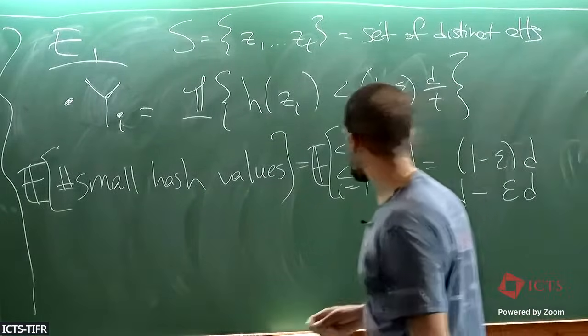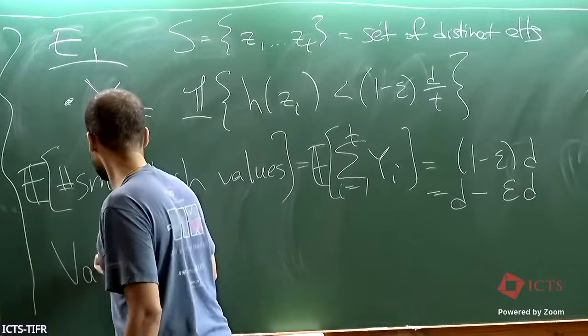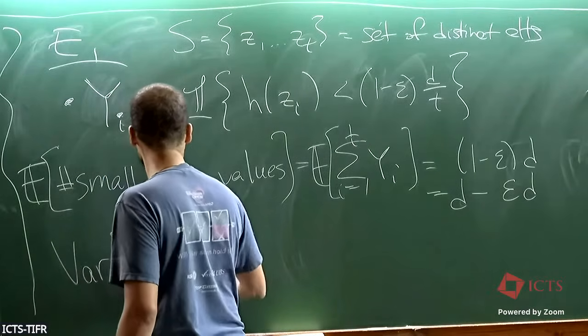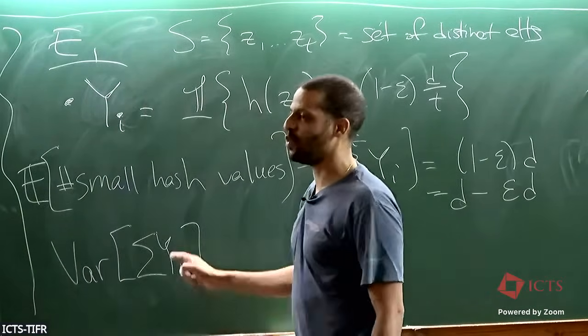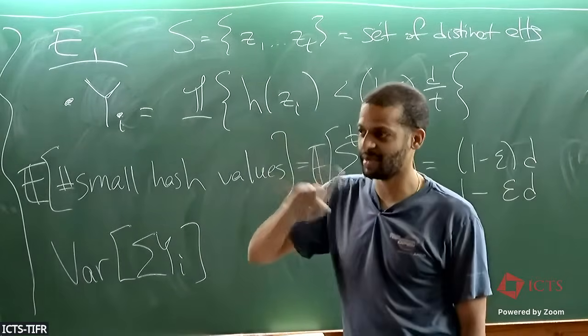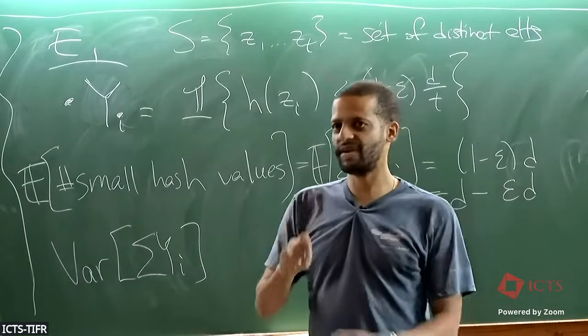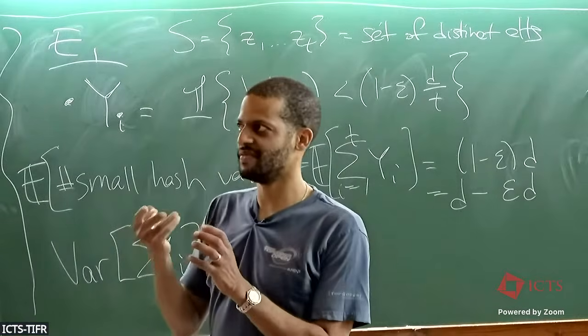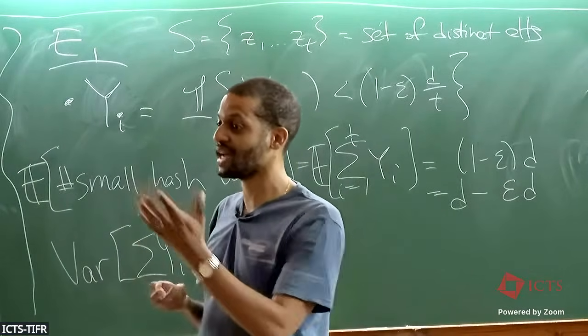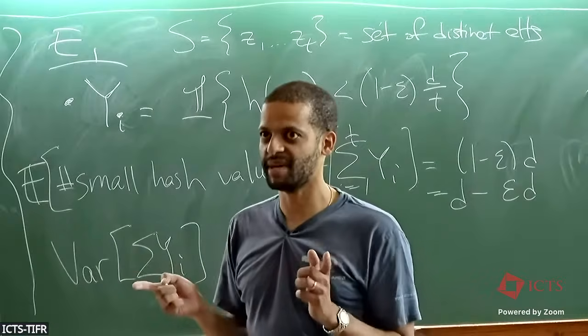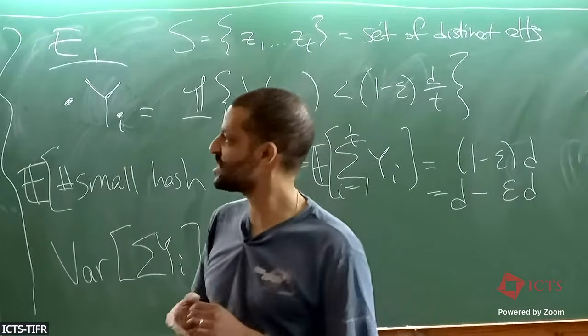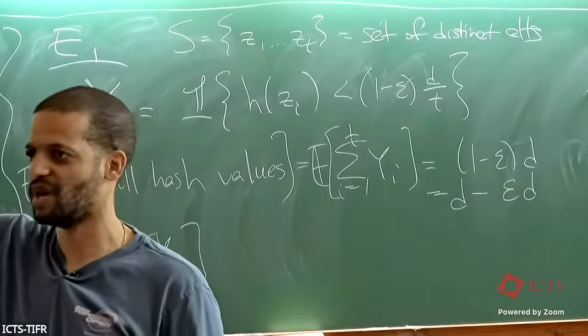The way I do that is I say, well, the variance of the sum of yi's, if the yi's are pairwise independent, remember now variance sums up, the variance of the sum is the sum of the variances as long as the random variables are pairwise independent. They don't need to be fully independent. And this is why I need k equals 2 over there. I just need 2-wise independence.